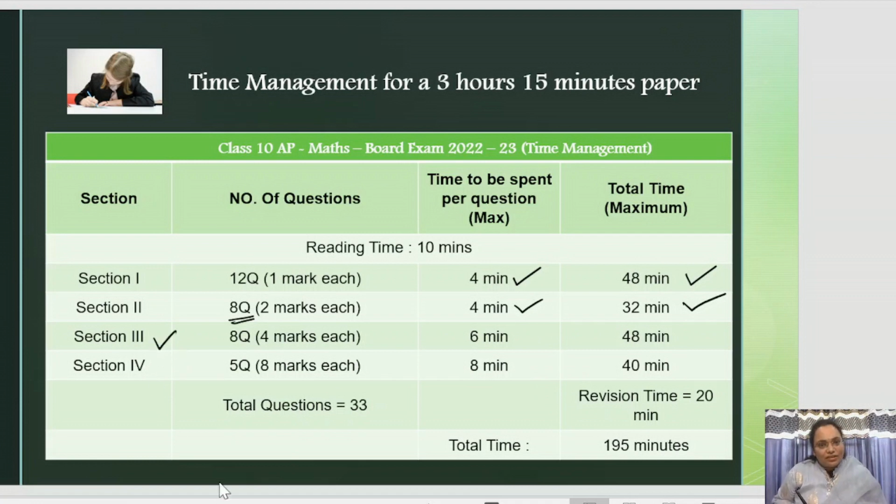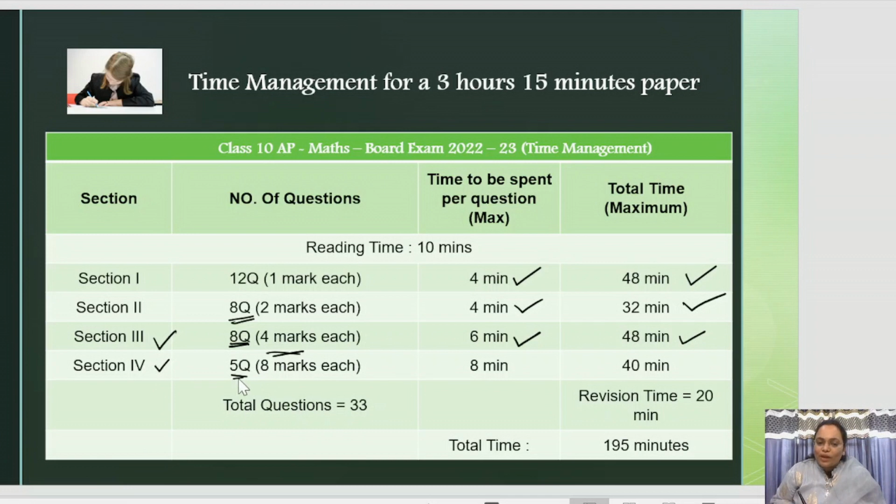In section 3, you have 8 questions and you need to answer all of them. They are 4 marks questions. If you take 6 minutes to complete one question, you can complete section 3 in 48 minutes. These are the maximum times I have taken to complete the sections. The next is section 4.